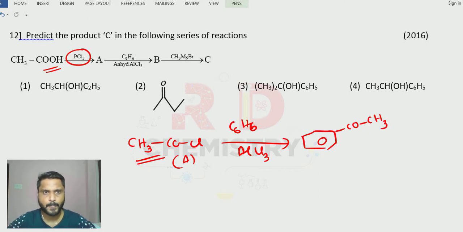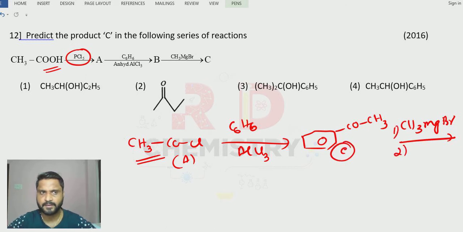Then it is treated with methyl magnesium bromide. So methyl magnesium bromide reacts with the carbonyl carbon, and I'll complete the hydrolysis with H plus and OH minus. Write down the starting CH3 and H plus. So the keto compound C double bond O: carbon goes to carbon and H plus will go to the oxygen.